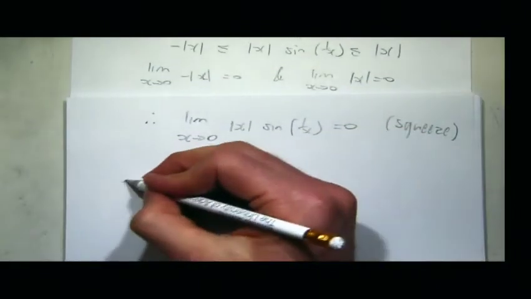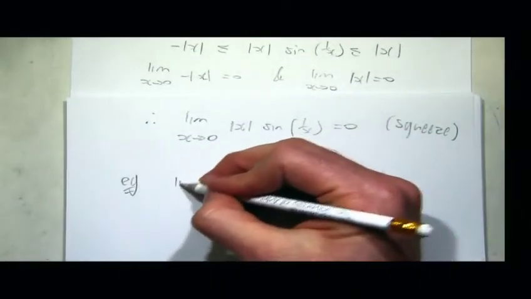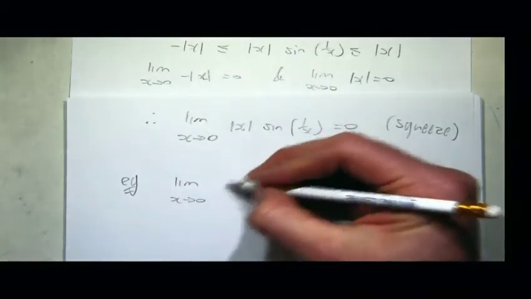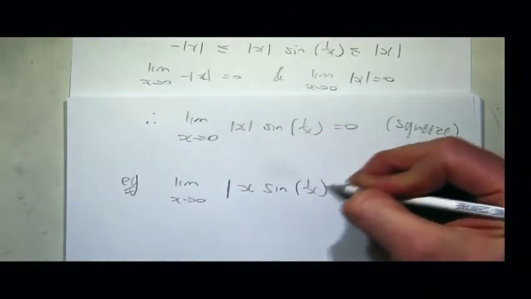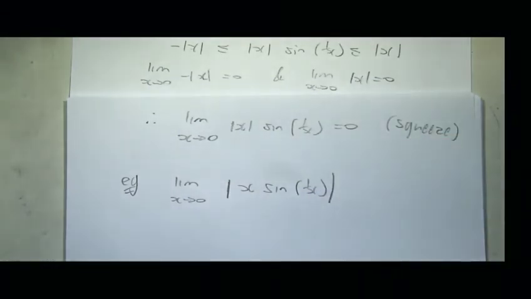And I should probably do one more. What if the whole thing was absolute valued? Well, there are two approaches to this. One is to try and put the thing that's between them, between two numbers.